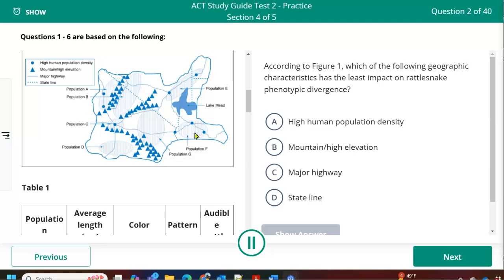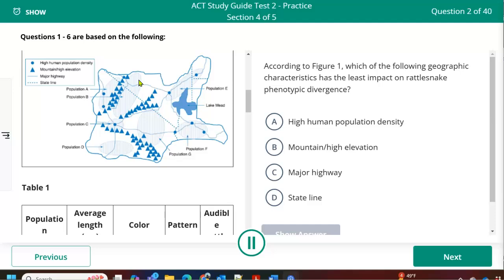Well, population density, well, you know what? Looking at these, they are all falling on major highways. The thing is, I don't see anything happening across the state line. Population B goes right across the state line.